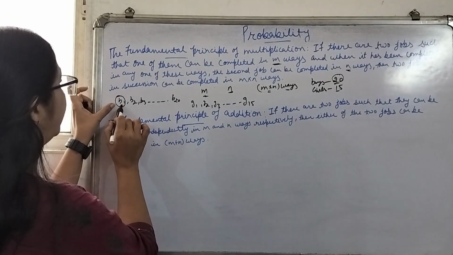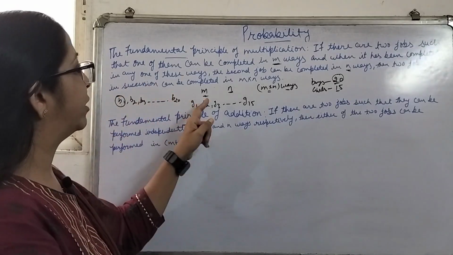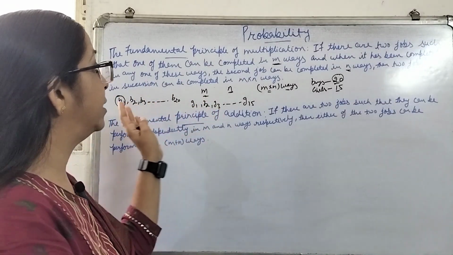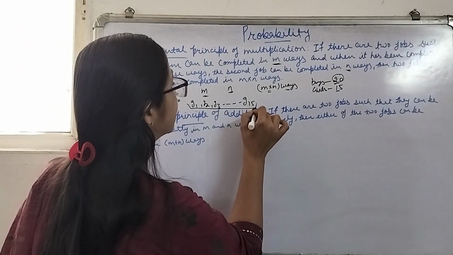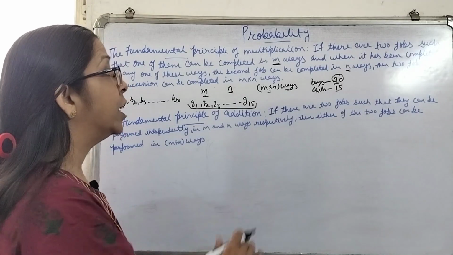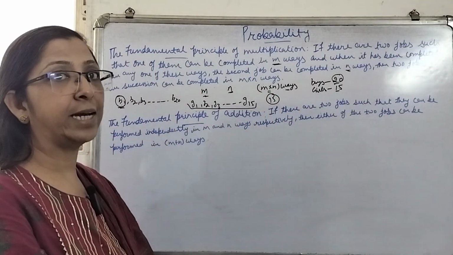Then along with B1 she could have taken G1, the first girl. Along with B1 she could have taken G2, the second girl. Along with B1 she could have taken the third girl. So along with B1 there are 15 ways by which she can select any of the girls. So there are 15 ways if she has selected B1 as the boy.